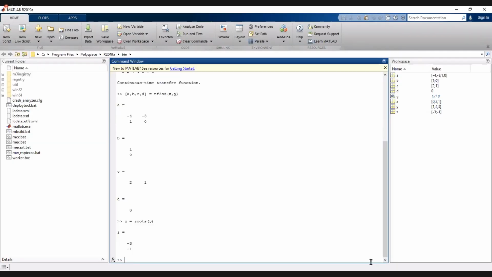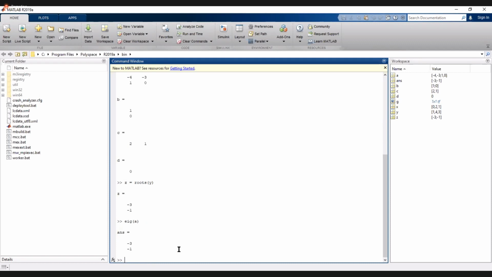So it will tell you -3, -1, right? Or if you want, the roots of the characteristic equation are the same thing as the eigenvalues of the matrix. So EIG of the matrix that you have, comma A. It's supposed to give you the same, 3, negative 3, negative 1.